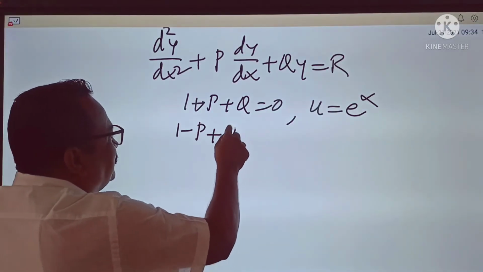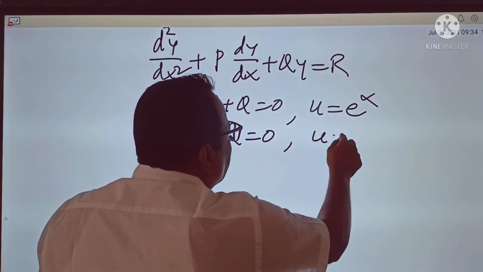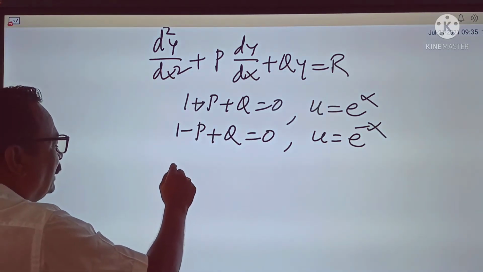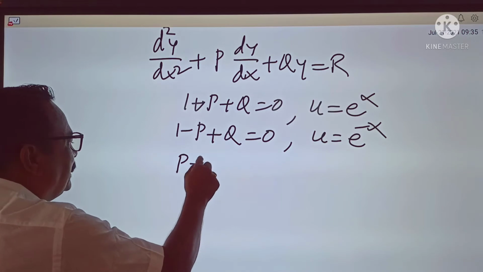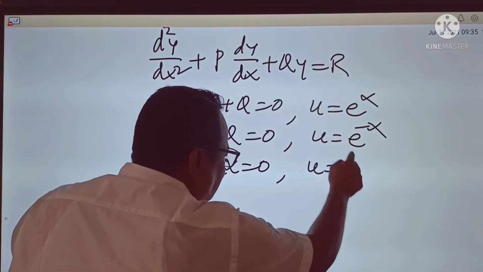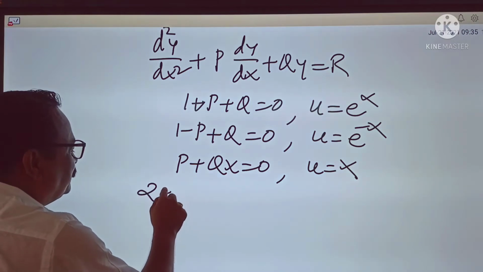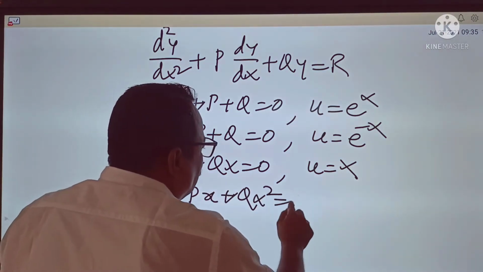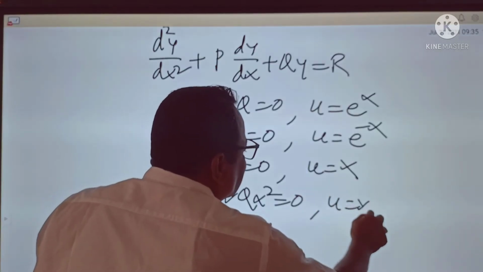If 1 minus p plus q is 0, u is equal to e raised to minus x is a known solution. If p plus qx is equal to 0, u is equal to x is a known solution. If 2 plus 2px plus q into x square is 0, we get u is equal to x square to be the known solution.